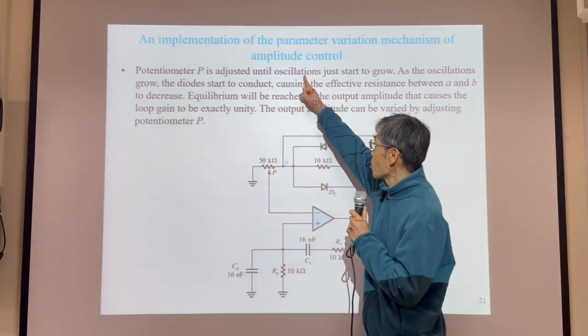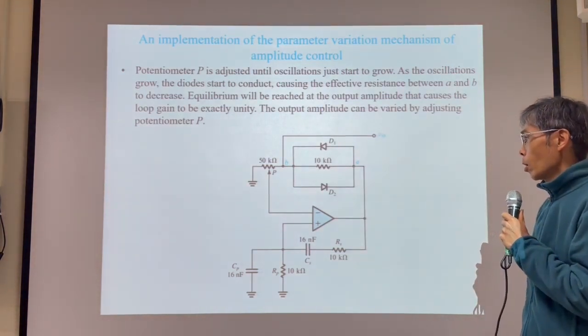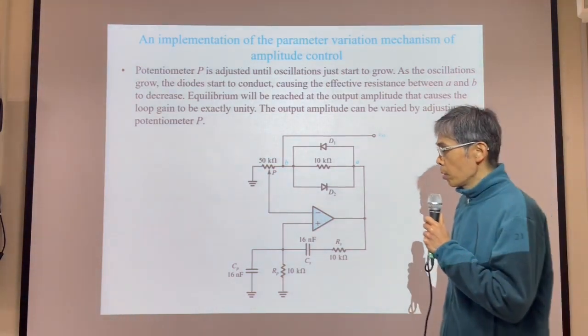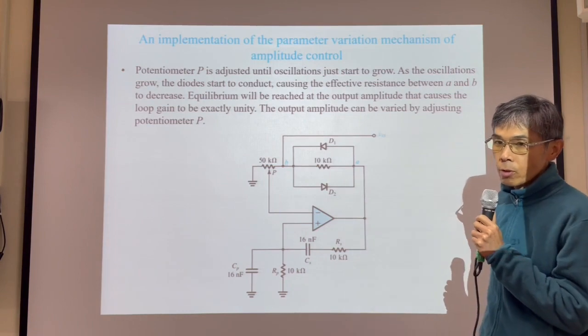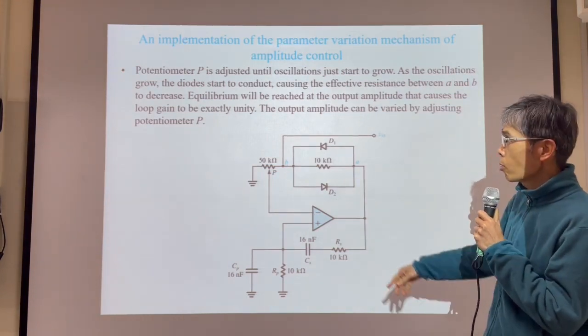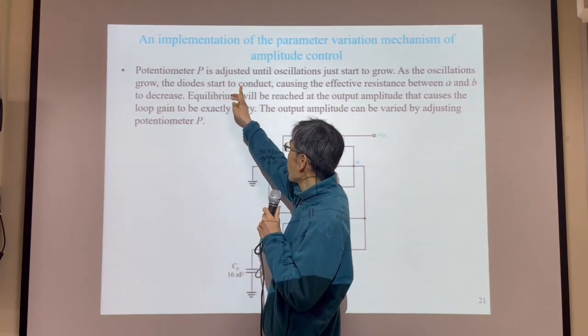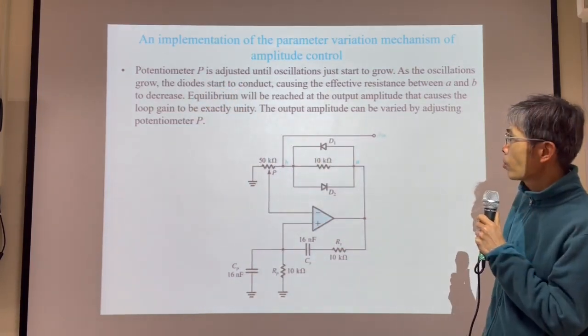Remember, this is oscillator. If loop gain is 1, then if there's no oscillation, it's useless for loop gain to be 1. We need to make the diode conduct.